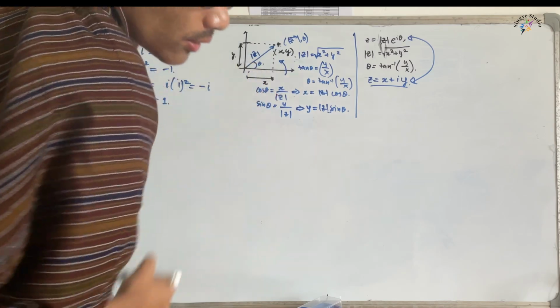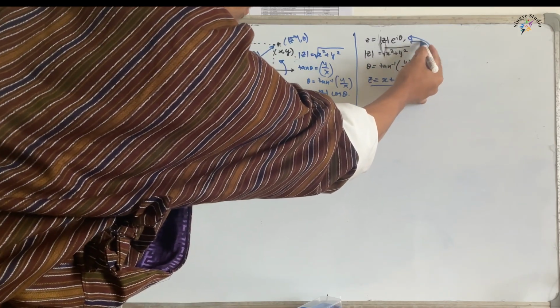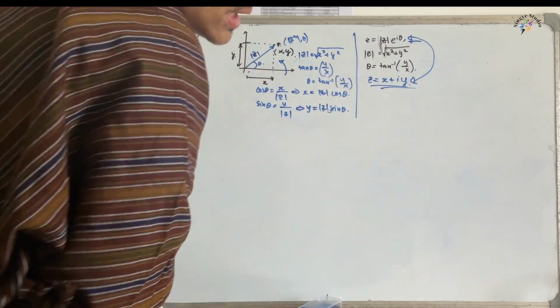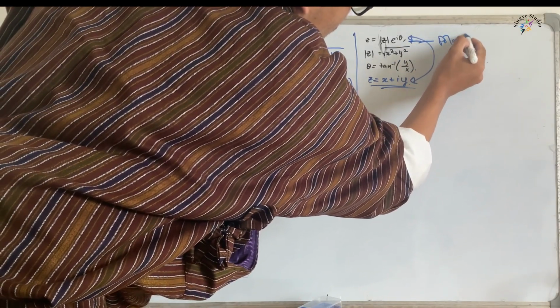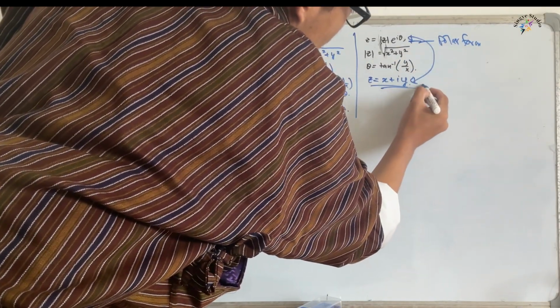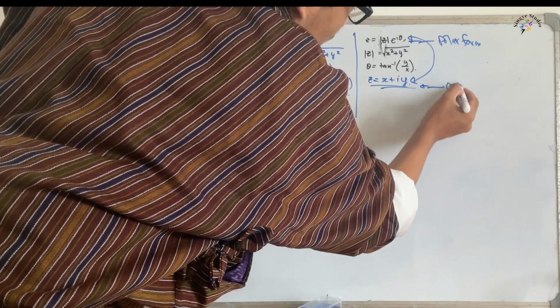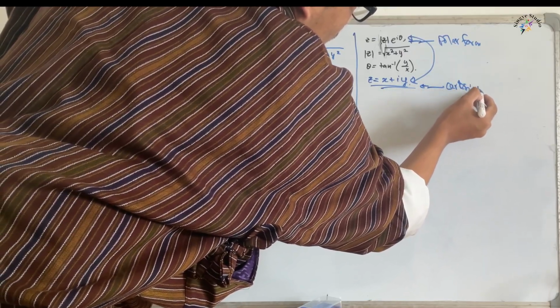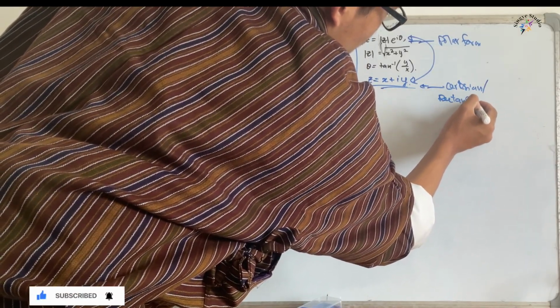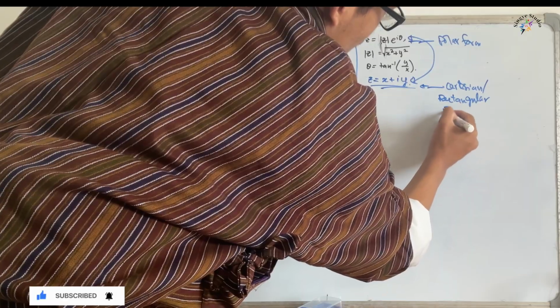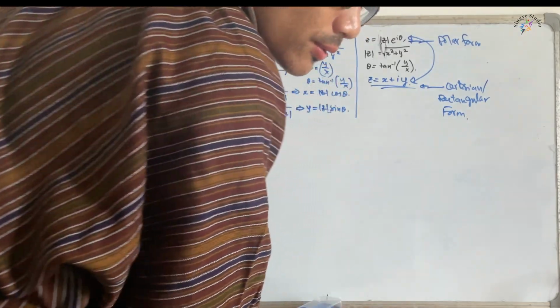So this information is as good as that information. We call this the polar form, and this the Cartesian form, or you can say rectangular form. Okay, so it's like that.